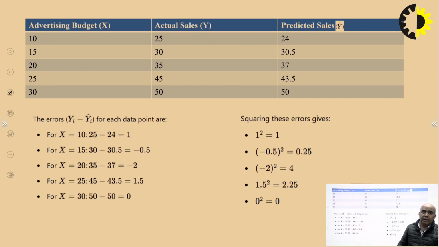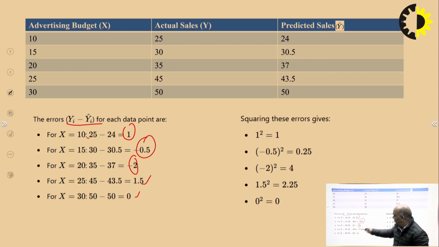So again, this is advertisement and actual sales. When you take the predictions, these are the values that we have to identify. With respect to x, 24 minus 25, we get 1, then 0.5 minus 2, 1.50.